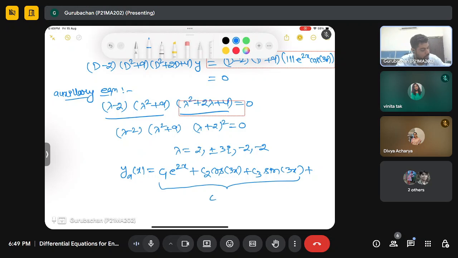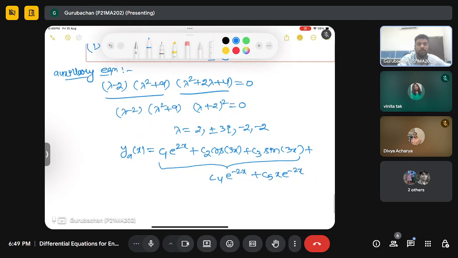And the other part will be the homogeneous solution, you can say.